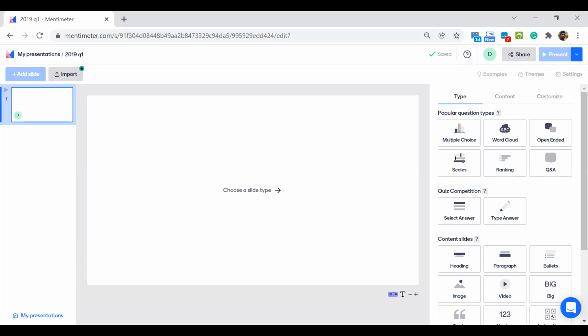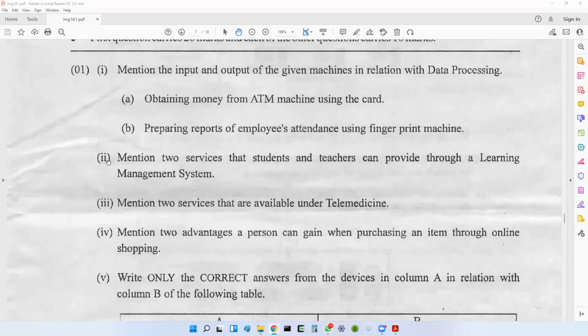We'll switch the question paper. So I'm going to now discuss the answers for part 2 and part 3, right?